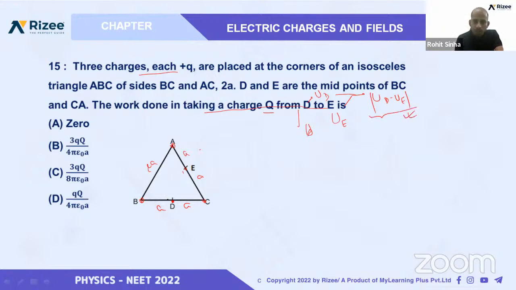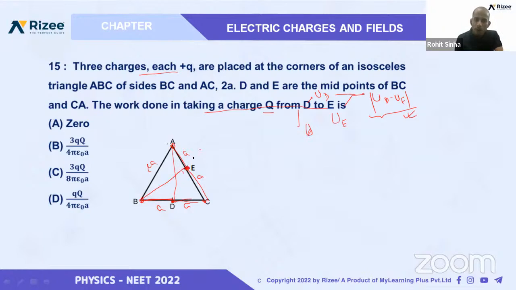So you will see that at this point the potential energy will be the same as it will be at E point, because at D point all the distances from B and C and A are the same as compared with E point, because at E point AE and CE both are equal, and also BE is the same as AD.